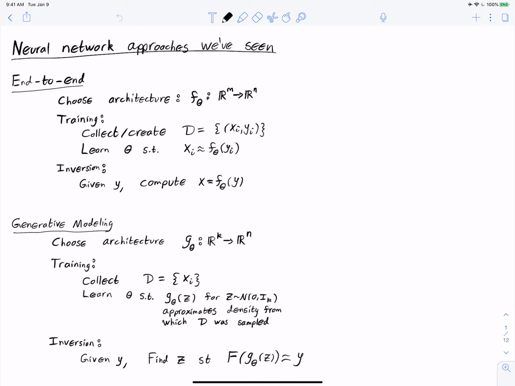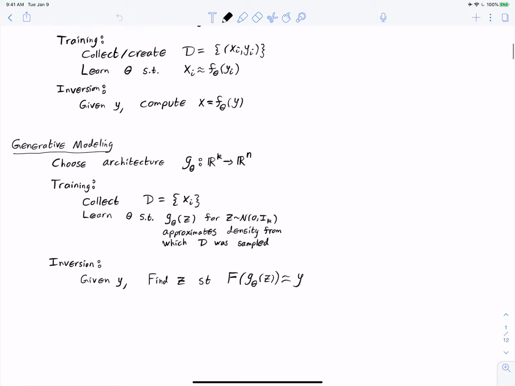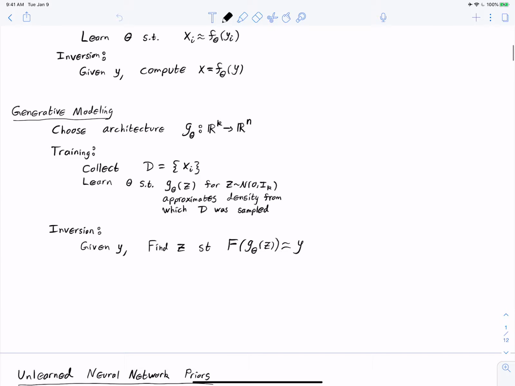We also talked about another approach of generative modeling. This approach involved beginning by choosing an architecture, which in this case we'll call g theta, and this is a map from R^k to R^n, where k is some latent dimensional space, or some latent space of low dimensionality. There's going to be a training phase here as well, which begins by first collecting a data set of x_i's.